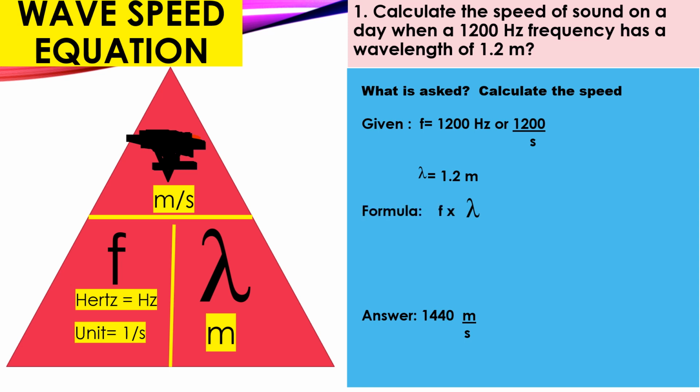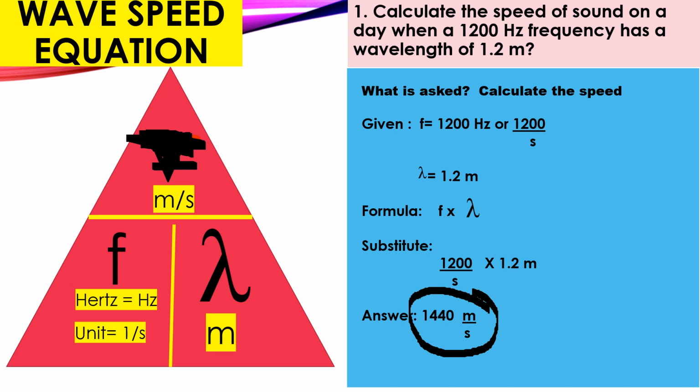Our formula is frequency times wavelength. Let's substitute our given: 1,200 hertz or 1,200 per second times 1.2 meters. So 1,200 times 1.2, we just multiply. Our answer is 1,440 meters per second, since we are looking for the speed.